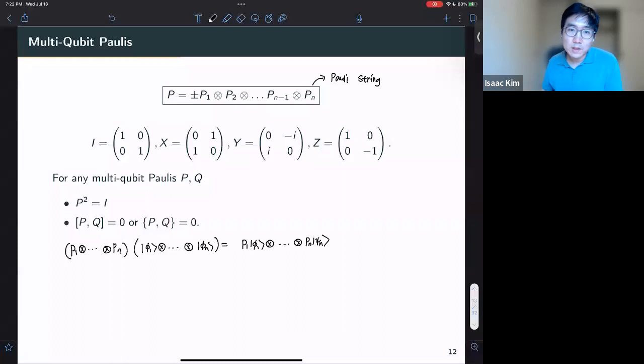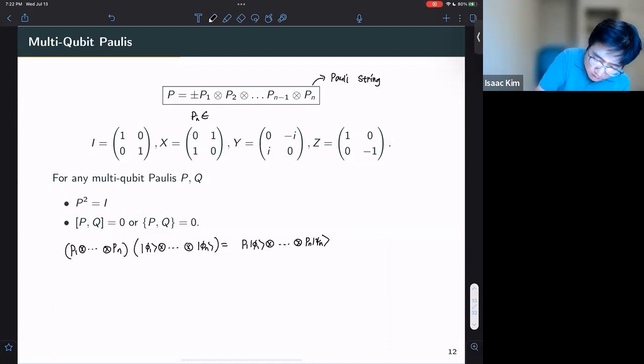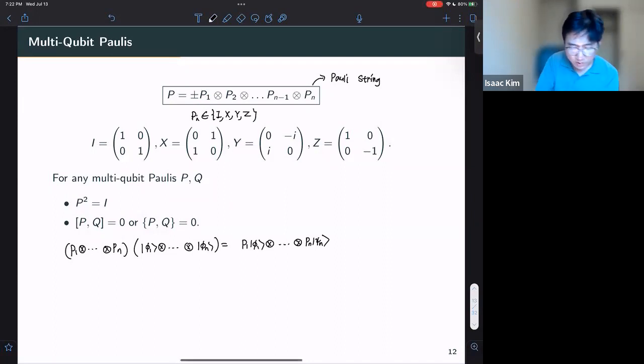And the Pauli string is a matrix which can be constructed from this tensor product formalism. And each of these individual P1, P2, up to Pn, are either identity, X, Y, or Z.